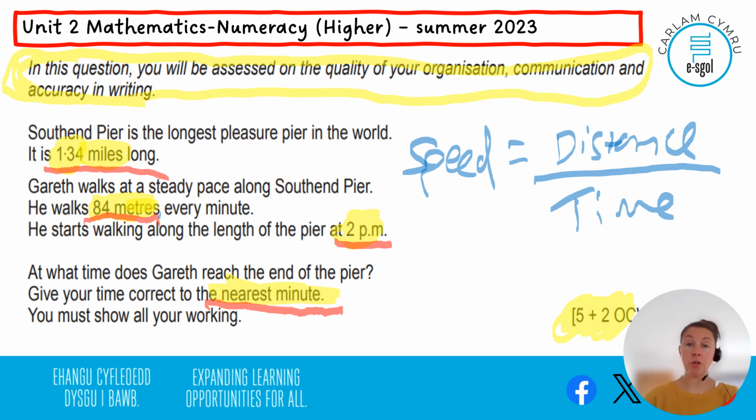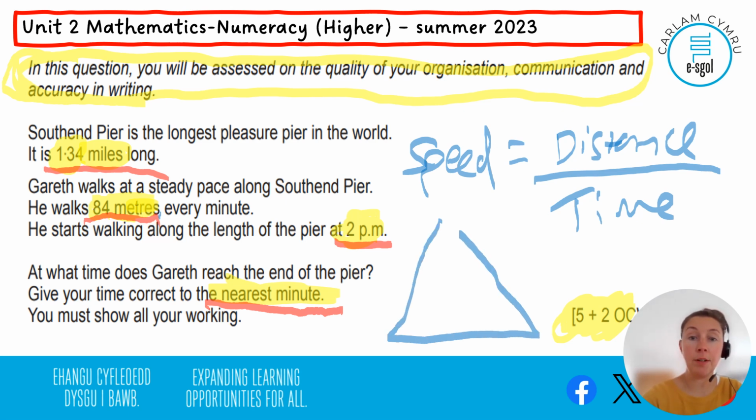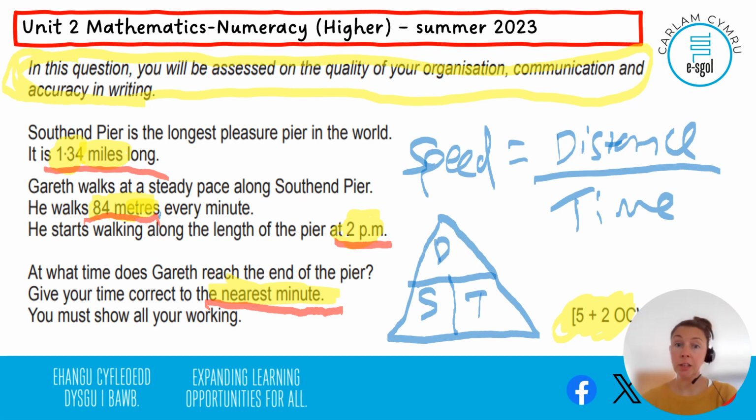Okay, so another way that's probably easier to remember is if I do it like this: speed, time, distance. And you use that then for every formula, whether you're working out speed, time or distance. So if you're working out speed, for example, then you know it's distance over time.